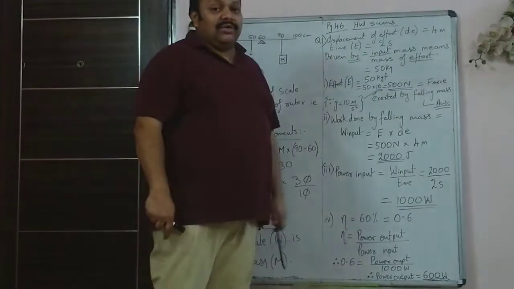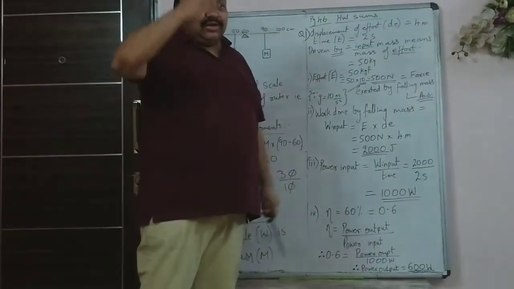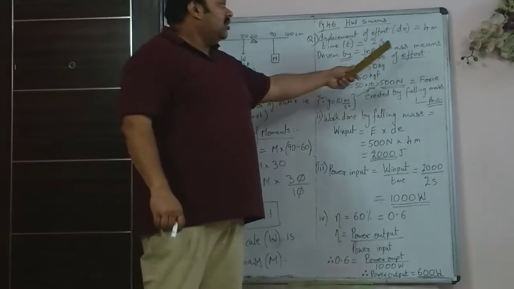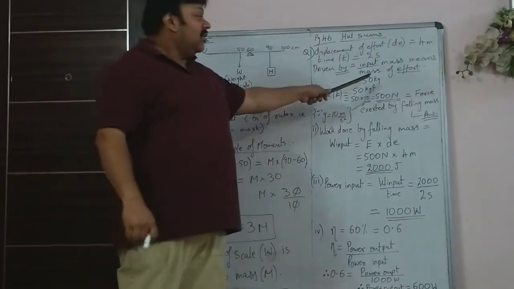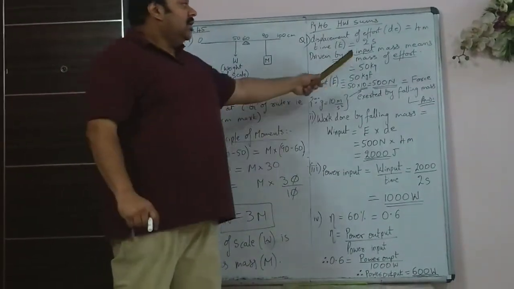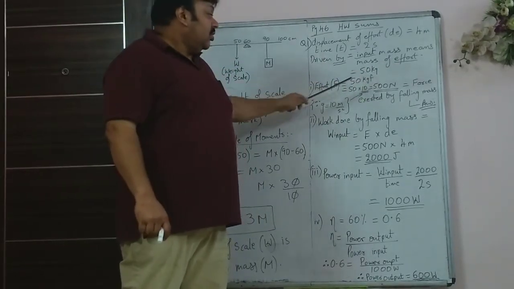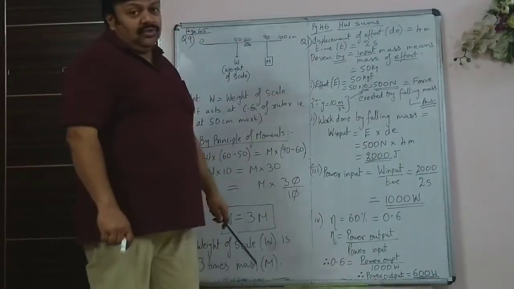So the time for which the machine is on is 2 seconds, and the displacement of effort, the distance by which the effort is moving, is 4 meter. The mass of the effort is 50 kg. Now when it is given in kg, please note it is mass, it is not effort directly. The effort is a force, it is not a mass. So you will write effort is the same value but kgf.